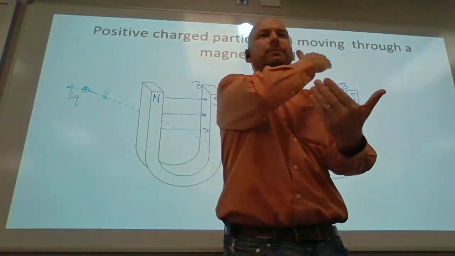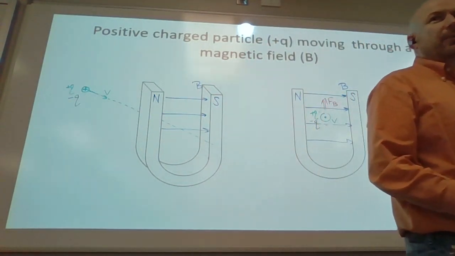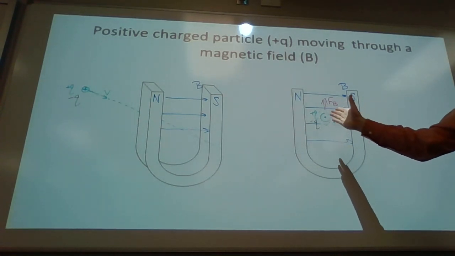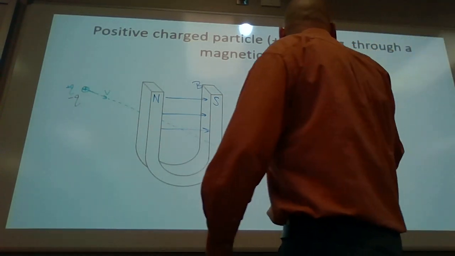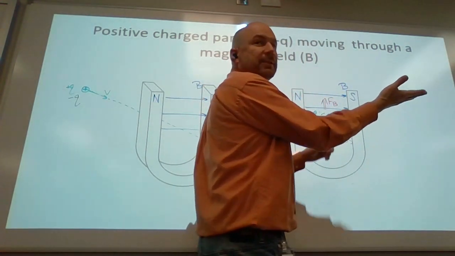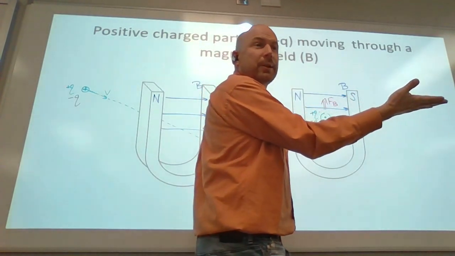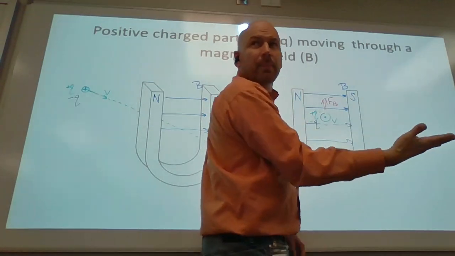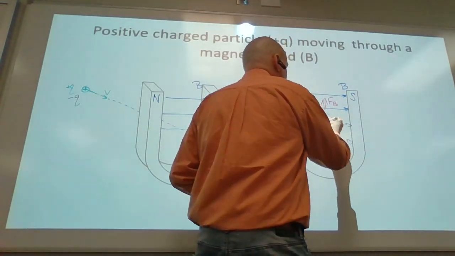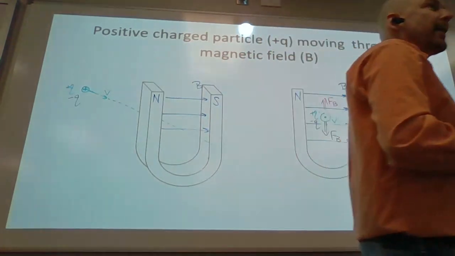So negative, use the back of the hand. Good with that? So if it was negative, your fingers are still going to the right, your thumb's still going out. You just push not with the palm, but with the back of the hand, and it'll be forced down. Good with that?